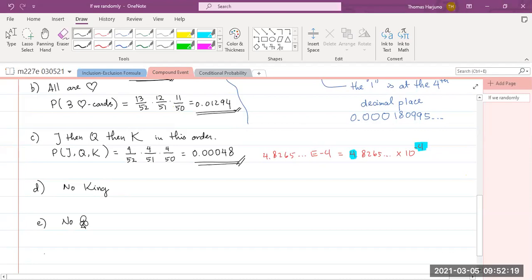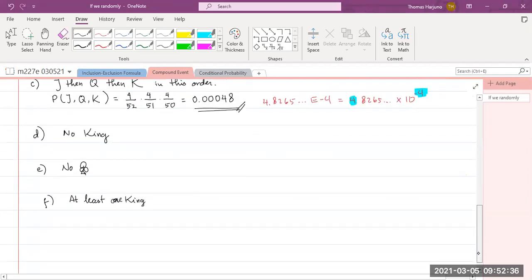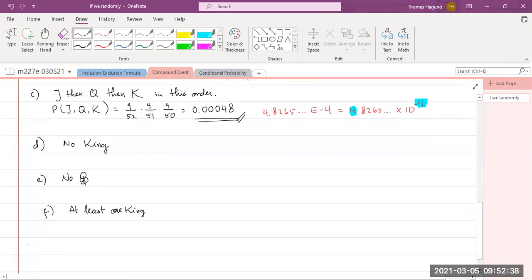Once you're done with that, then later on we can find the probability of at least 1 king. And then part G, at least 1 club.